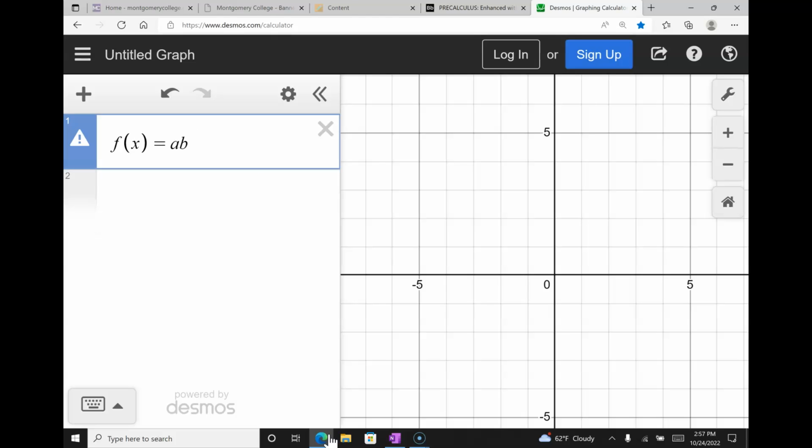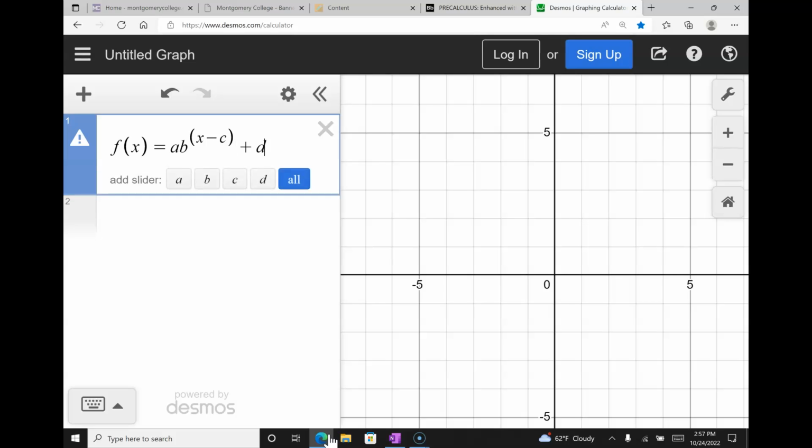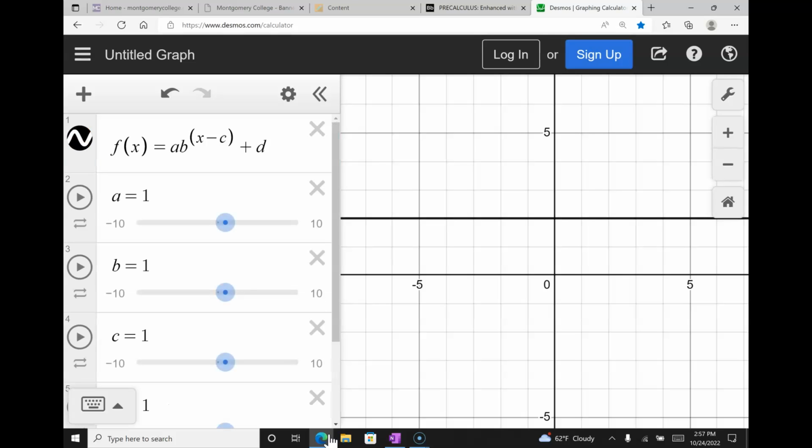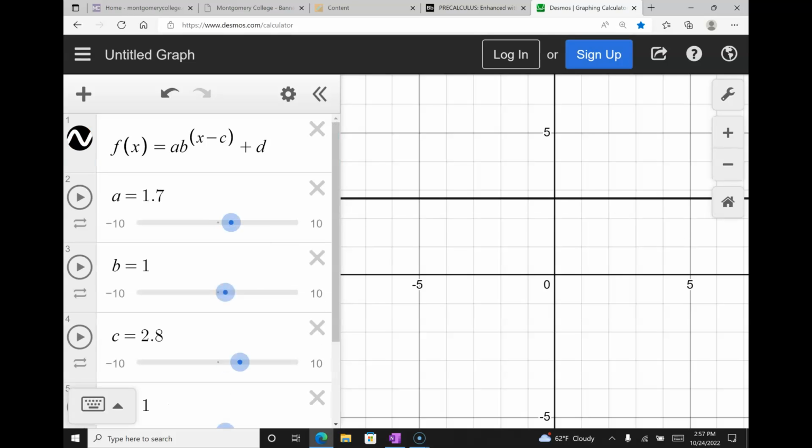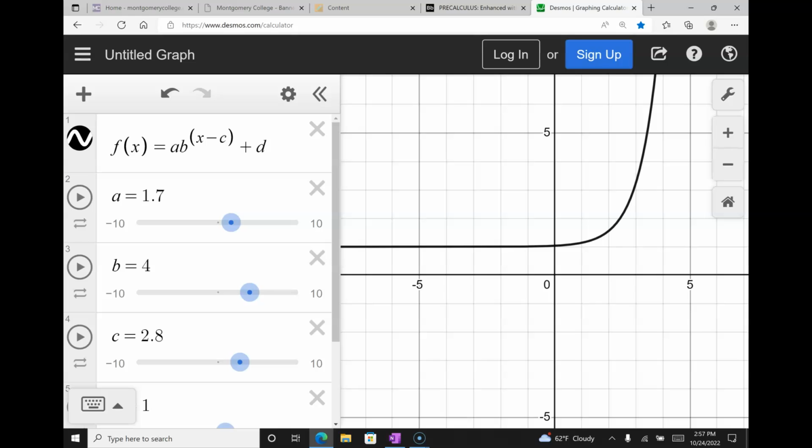Oh, I know why. Parenthesis. X minus c plus d. And you see I'm going back to my shifts and transformations, right? I'm going back to my transformation.